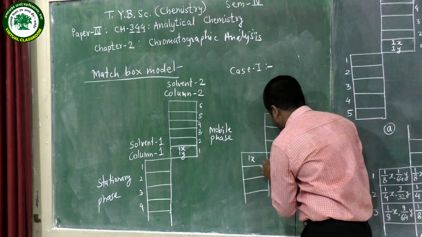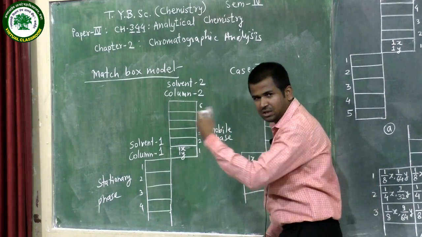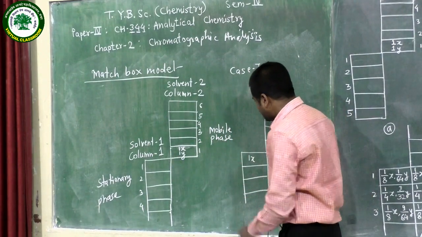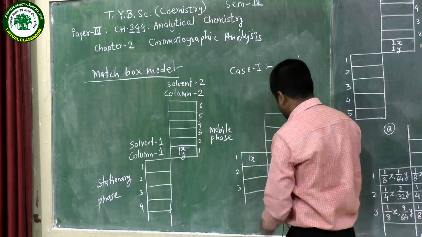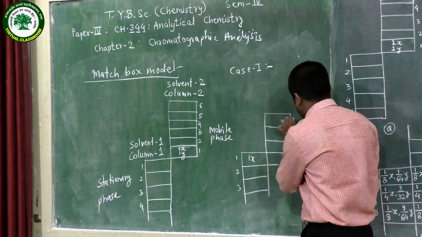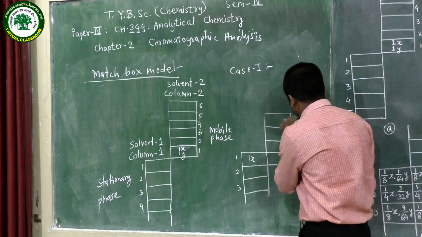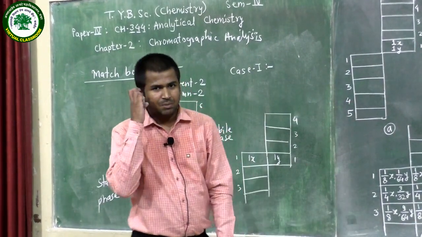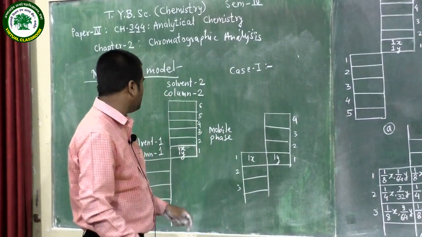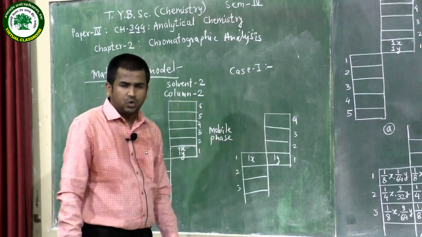So here X remains completely on the first box of solvent 1 and Y remains completely in the mobile phase in column 2, in solvent 2.